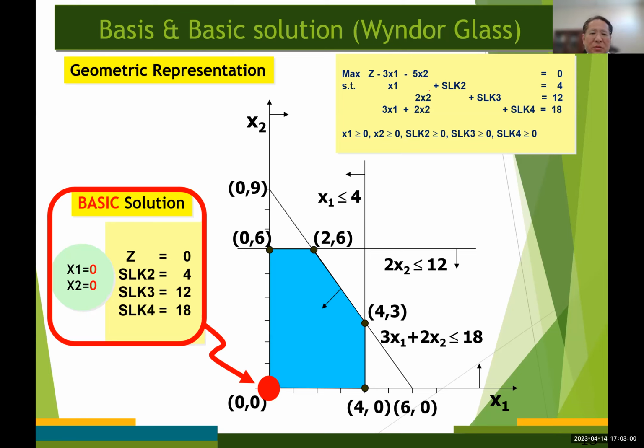And I also told you that the basic solution is one of the corners of the feasible region, right? So in our case, which is right here, because in our current basic solution, both x1 and x2 take 0 value, which means we are right here at the origin, okay?